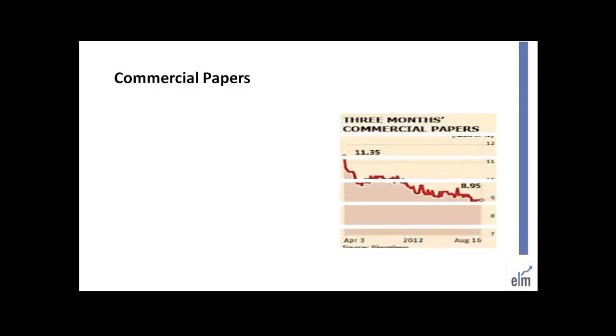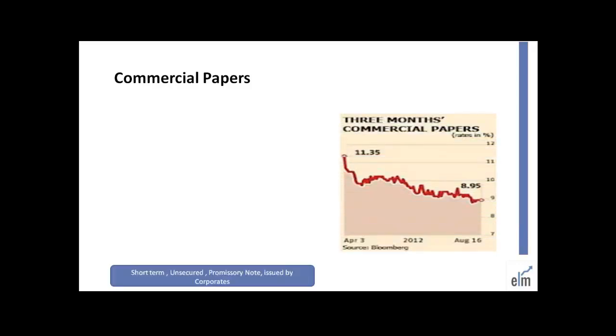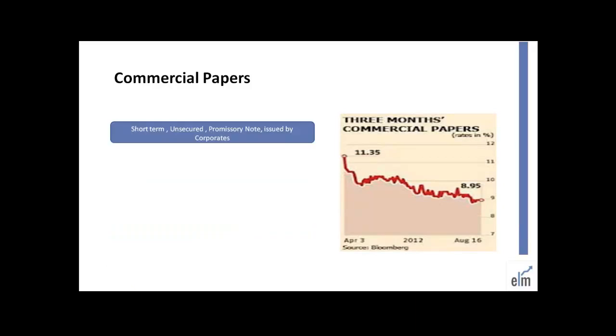Coming to the next category of money market instrument, which is the commercial paper. Now CPs are short-term unsecured promissory notes which are issued by corporates or other financial institutions, normally at a discounted value or face value.